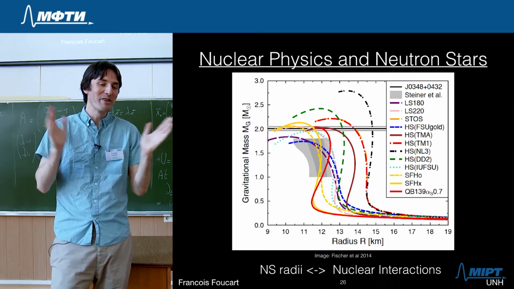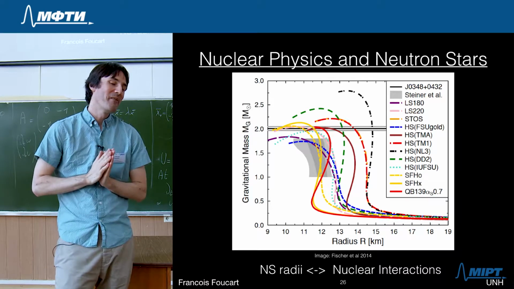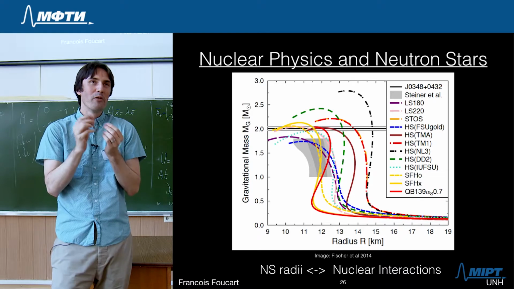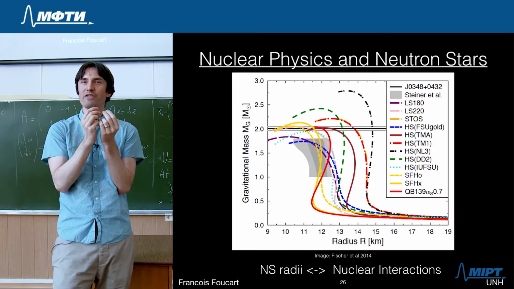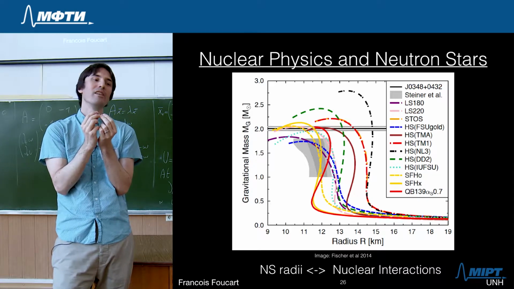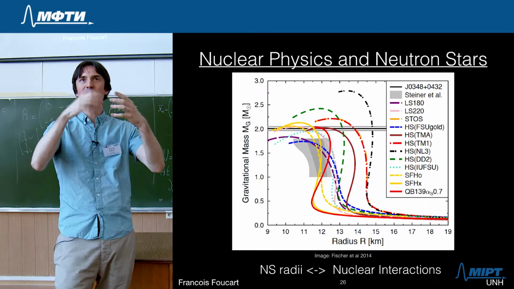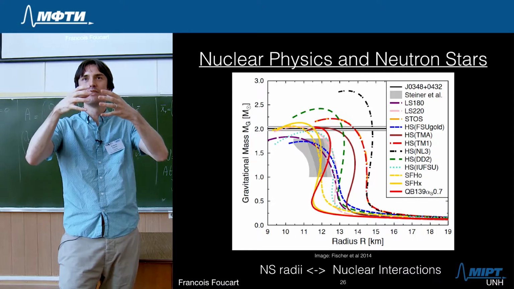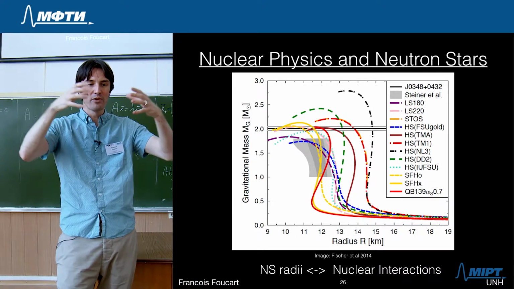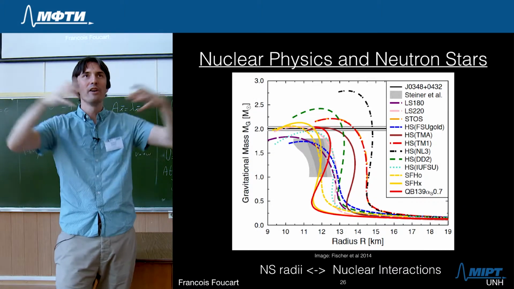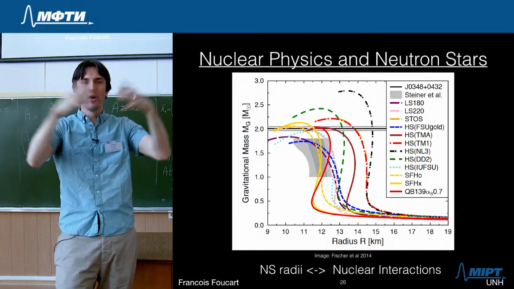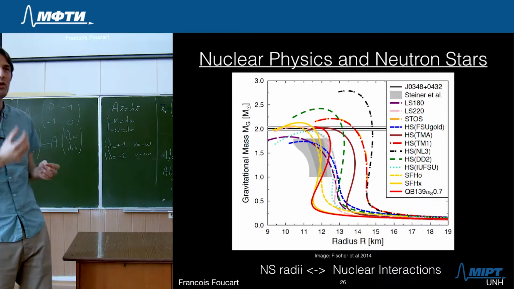But in the simplest picture, it's mostly neutrons. And depending on how strong the nuclear forces between those neutrons are, you are going to have stars of different radii because the pressure in the core of the neutron star is different. Right? That is what determines whether the neutron star is compact or whether the neutron star puffs up, is how much the pressure in the core of the neutron star is.